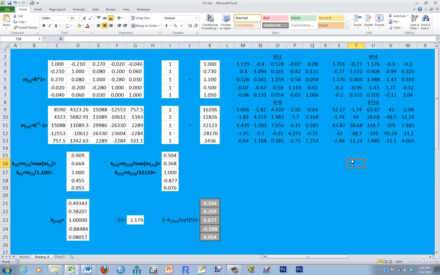The eigenvector, so this vector, is nothing more than the vector of row sums of the optimal power of the R matrix. So I'll say that again. The eigenvector is nothing more than the vector of row sums of the optimal power of the R matrix. The usual form of this vector, K, is normalized to 1.